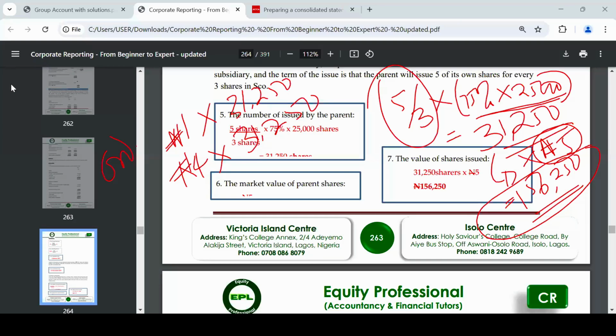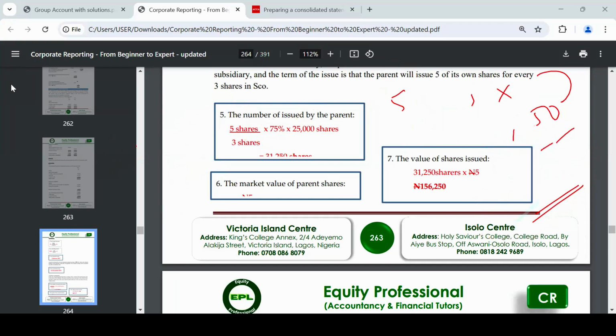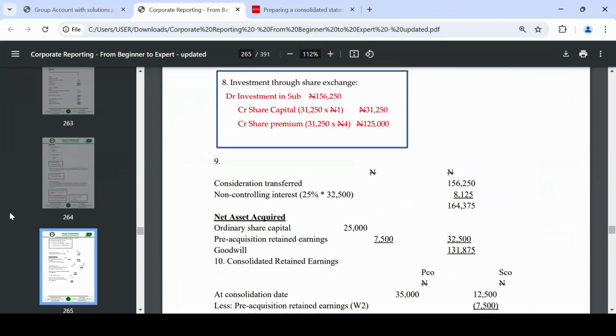Now let's look at how they calculated goodwill. All of the 156,250 will be taken as investment in subsidiary. No problem. Okay, let's see the goodwill calculation. In the goodwill calculation, the transferred consideration is still 156,250. Non-controlling interest, the way we normally do, they said it is proportionate share, right?